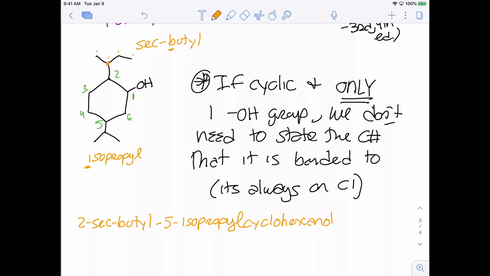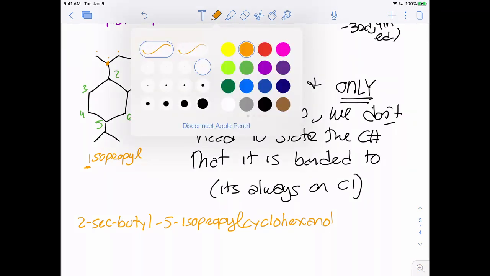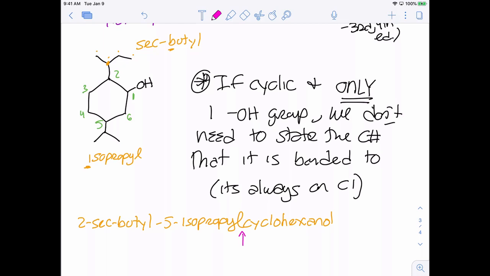So 2-sec-butyl, 5-isopropylcyclohexanol. If you were to put the 1 in there, which you can do, it's not technically wrong, it's just weird. If you were to do the old method, it would go between the propyl and the cyclo. The cyclo is part of the parent. And if you were to do the newer method, it would go between the an and the ol.